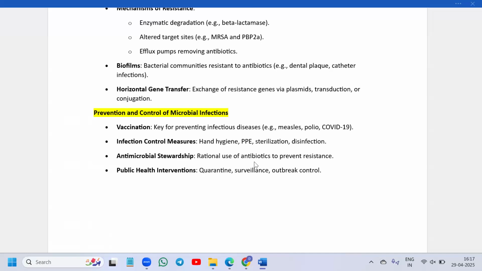Antimicrobial stewardship. How do you rationally use antibiotics to prevent resistance? If there is a course of treatment, till you get rid of the infection or the symptoms, you should be taking the antibiotics. But what if you just stop in the middle?